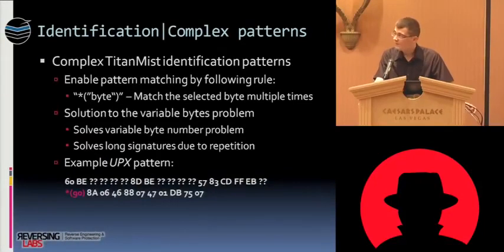So for the previous sample, that would match NOP, or byte value 90, for as long as there are NOPs, and after that it would just continue pattern matching. So this solves a couple of problems. This solves a problem where we have bytes that repeat each other, but we don't know the exact number of repetitions. And this solves the problem of having too long signatures in our database. So that's the first problem we tried to solve, and that's how you apply it to the previous sample.